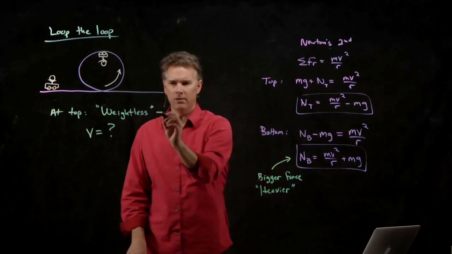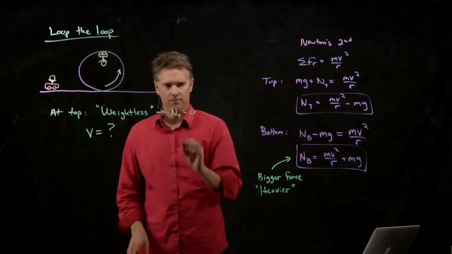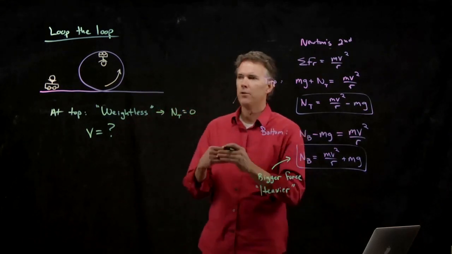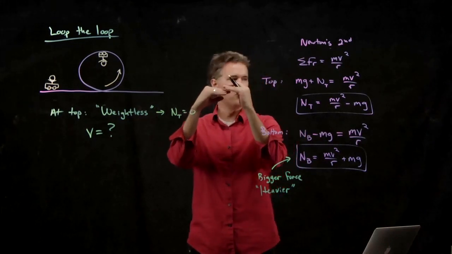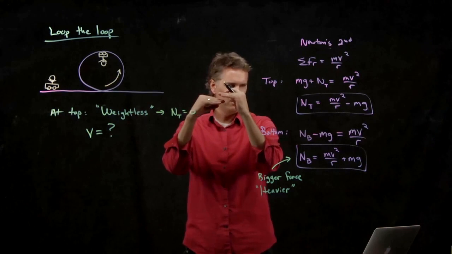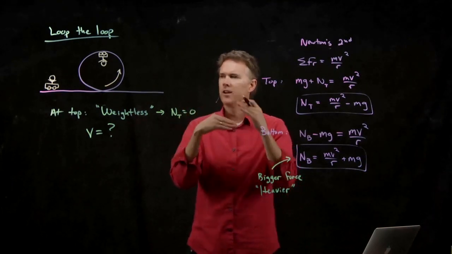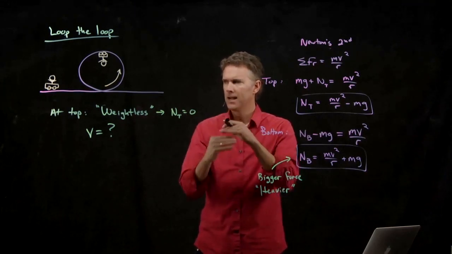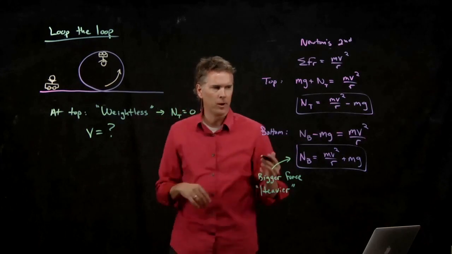Weightless means the normal force equals 0. If you're weightless, you're just starting to come off that seat. And if you're just losing contact with the seat, then you can't have any normal force. Normal force is a contact force. If they just lose contact, normal force goes to 0. And so this is where you feel weightless.